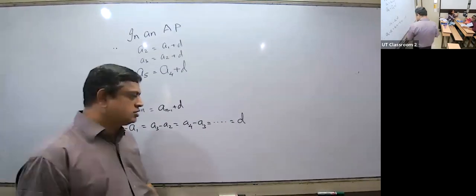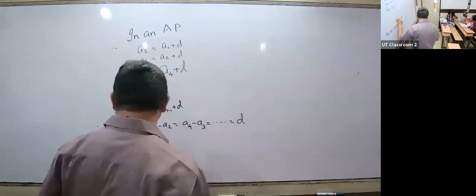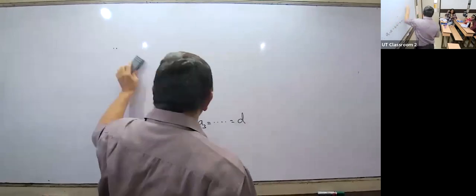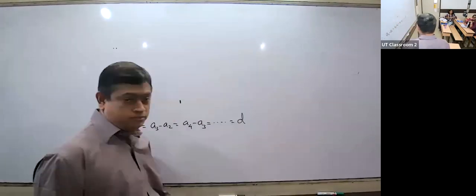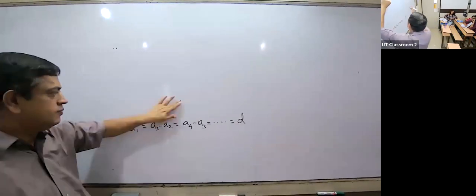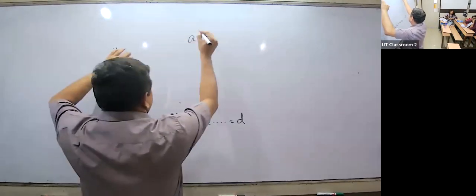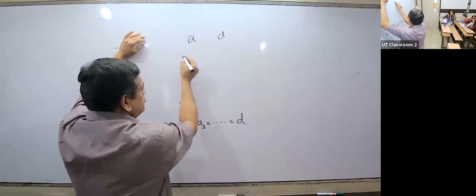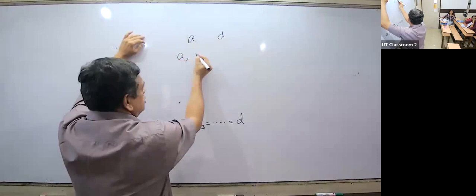Now listen. Nice. Now look here. The first term is denoted by A. The common difference is denoted by D. So what will the AP be? A. Then what will be the next term?